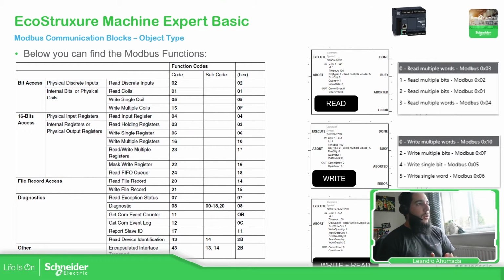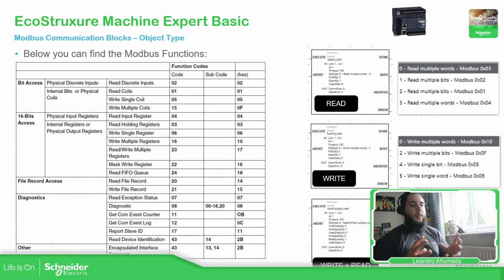That is something that we're going to play with in this part of the training. And if you take a look at the other one, read multiple words, it uses function 04, which is for read input register. So if you want to read a percentage IW from another device, you need to use that.